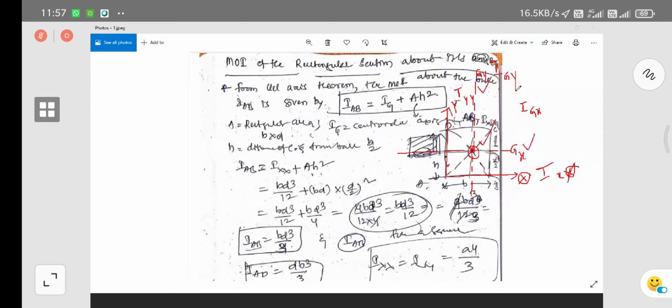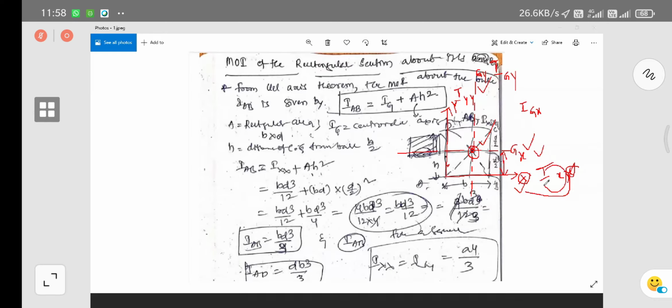If you clearly observe here, Gx and x are two parallel axes. Due to these parallel axes, we apply a theorem called the parallel axis theorem, which after derivation gives us the moment of inertia about the base axis.